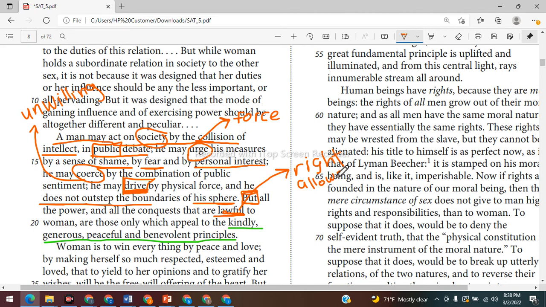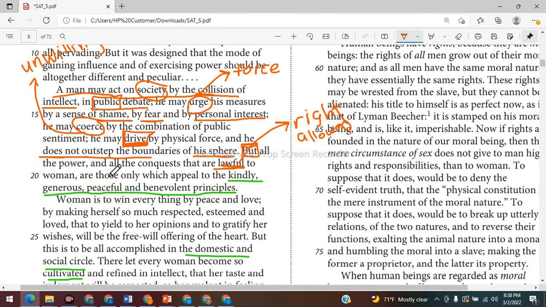All the ones that are right or allowed or acceptable to woman are those only. Oh no. Only. What do you mean by only? To a specific category. Those are the only ones that the woman could use.